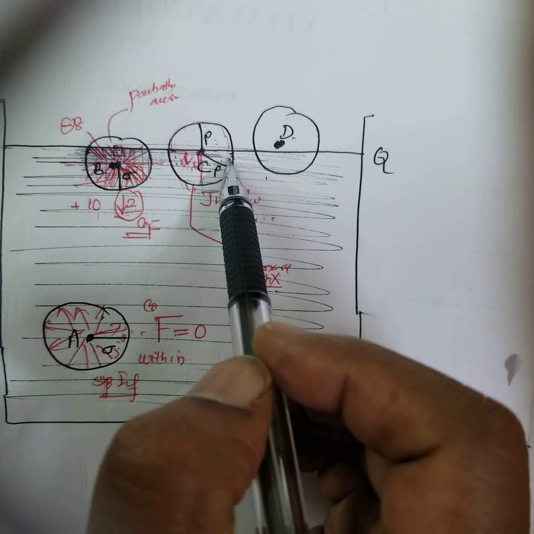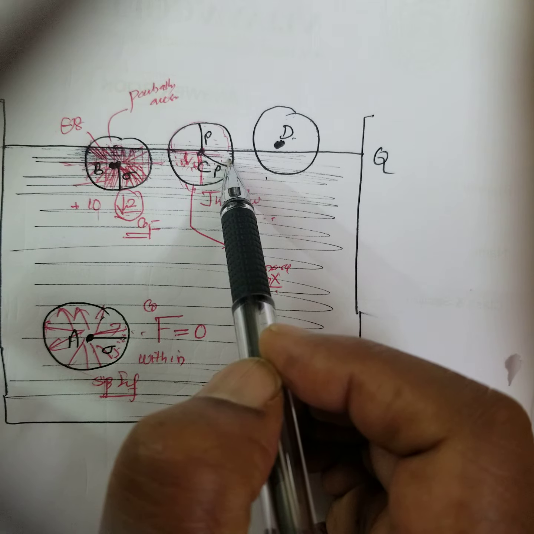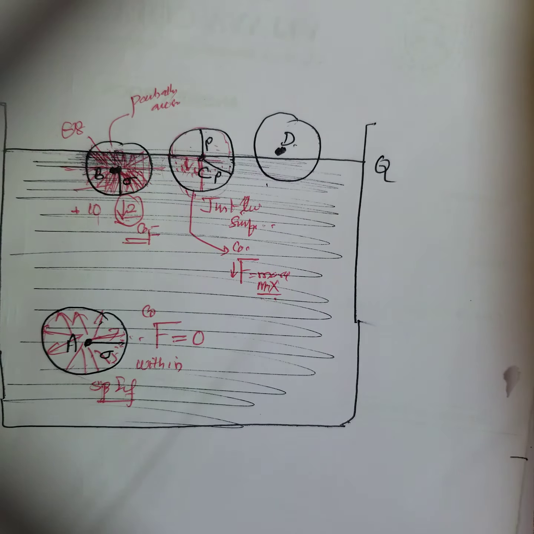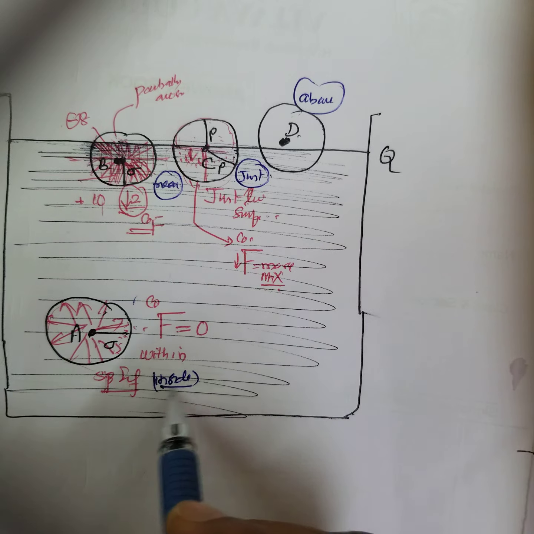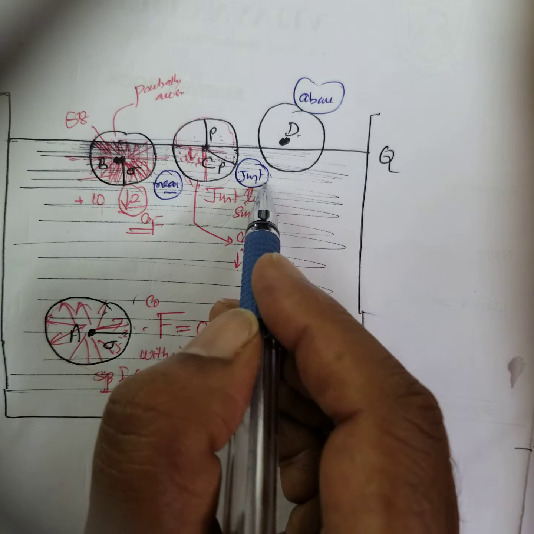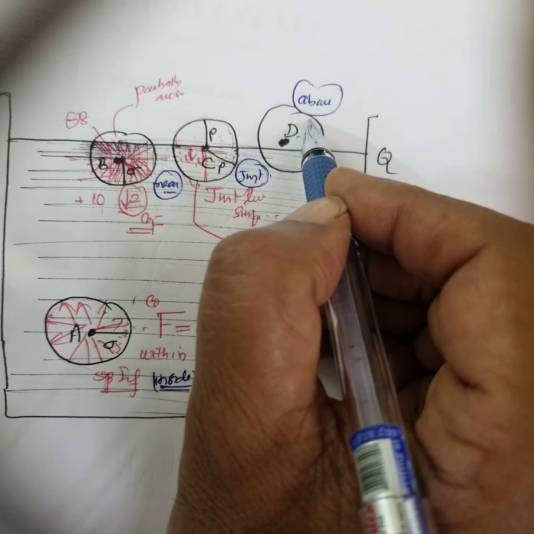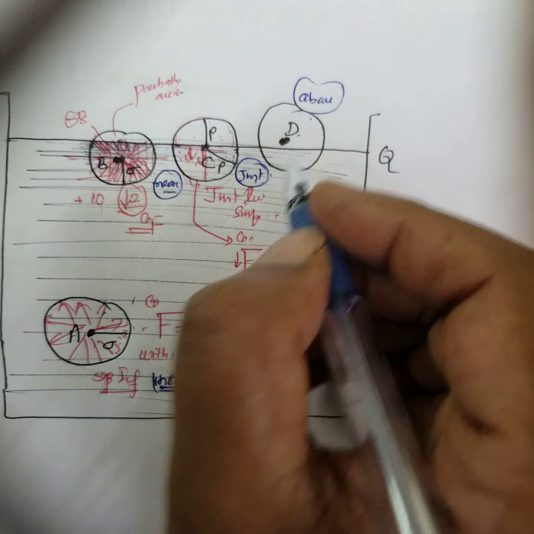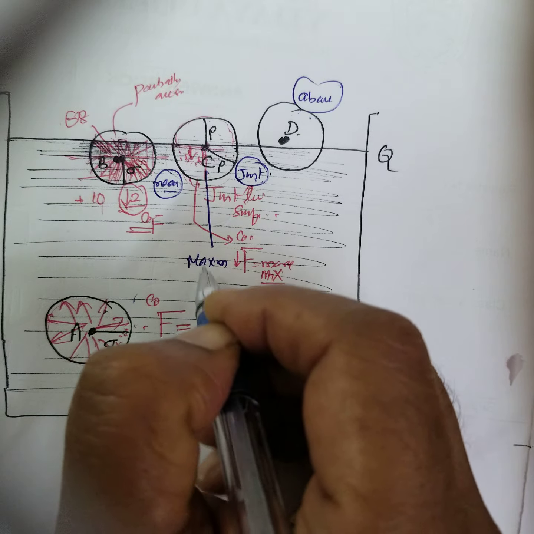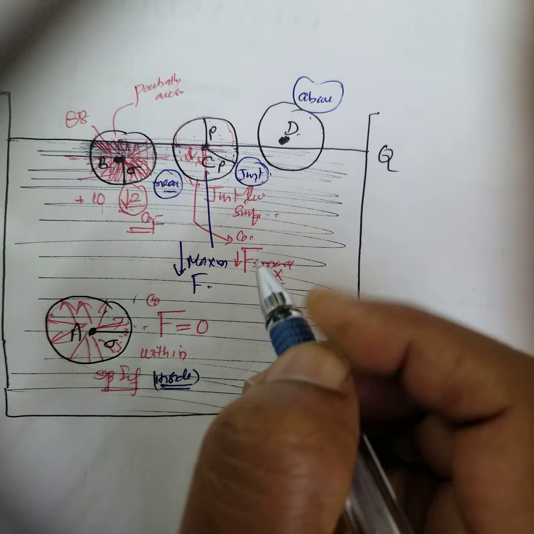Therefore, these molecules in the lower half of the sphere of influence exert greater downward pull here at C. Therefore, there is a maximum downward force.